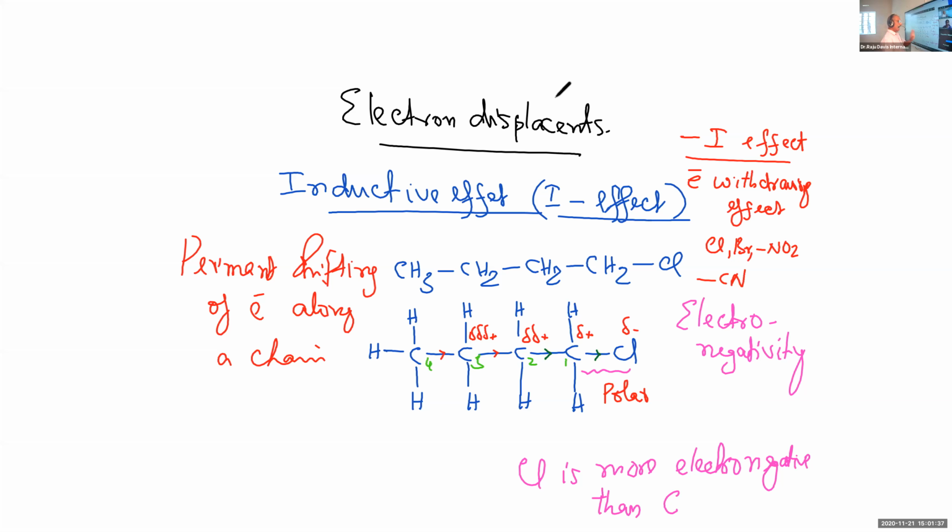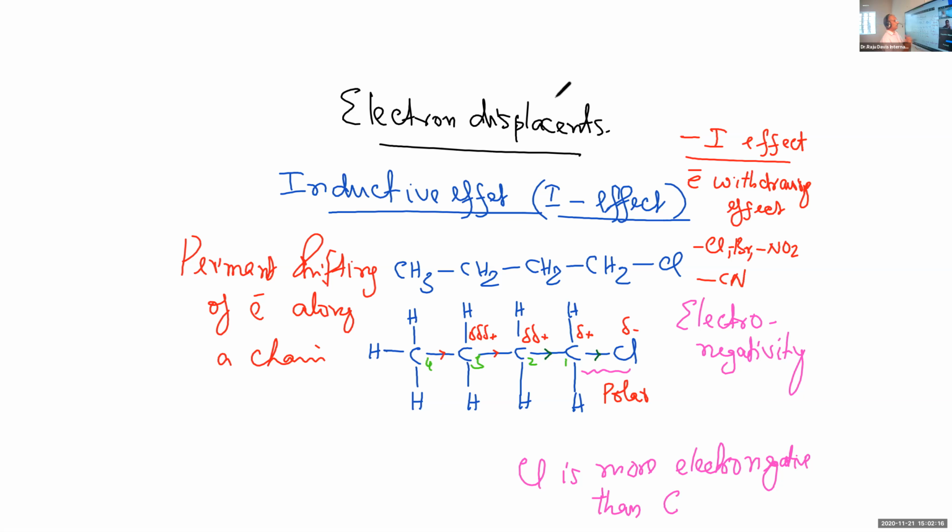So any atom or group that withdraws electrons is called an electron withdrawing group, and the electron withdrawal inductive effect is called minus I effect or the negative inductive effect.